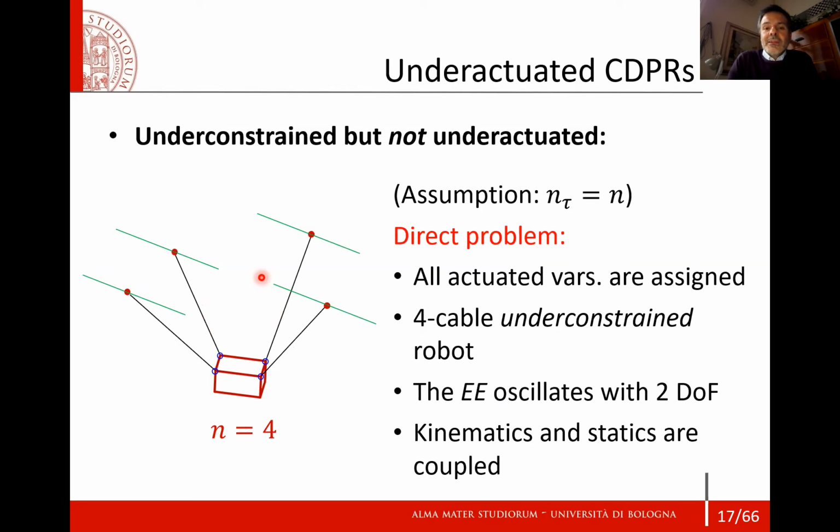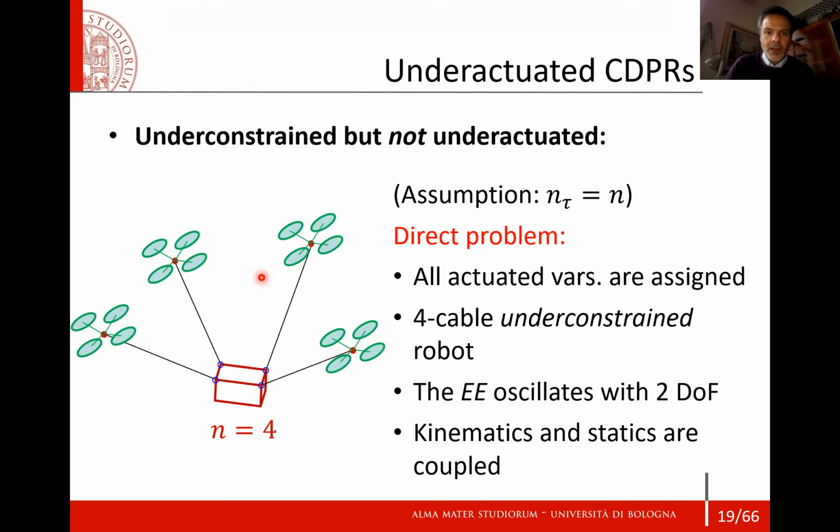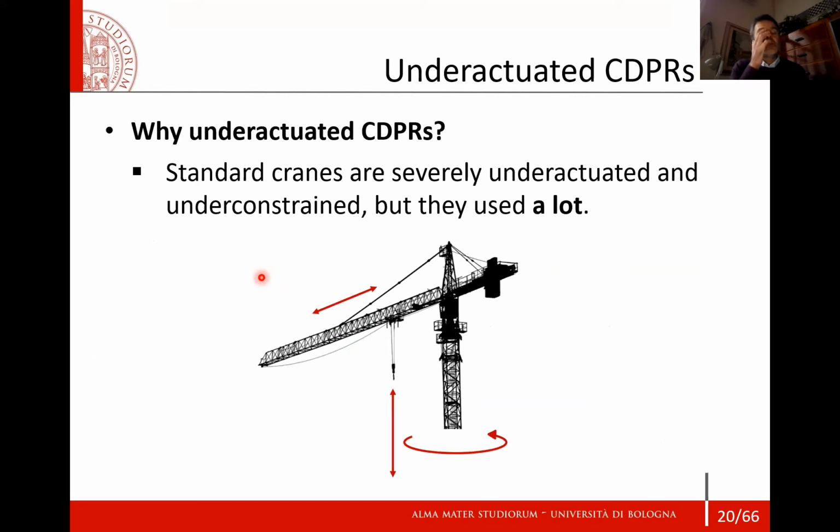However, once we try to solve the direct problem, namely we assign the input variables, our system still becomes a 4-cable under constrained robot, because the platform is suspended only by 4 cables, assuming they are all active and towed, which means that it may still oscillate with 2 degrees of freedom. And so kinematics and statics are still coupled. I will skip this further example.